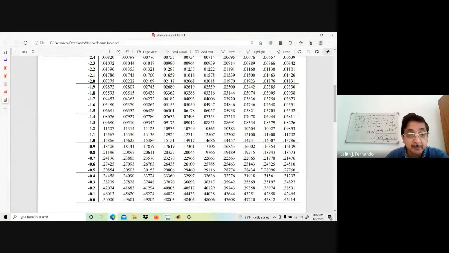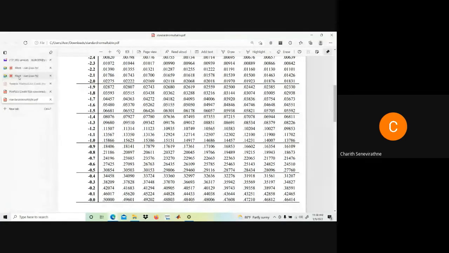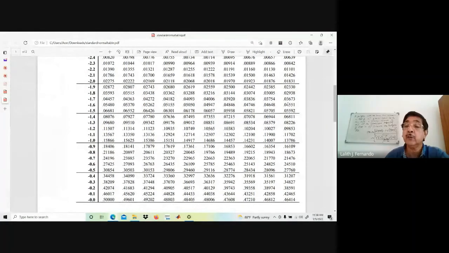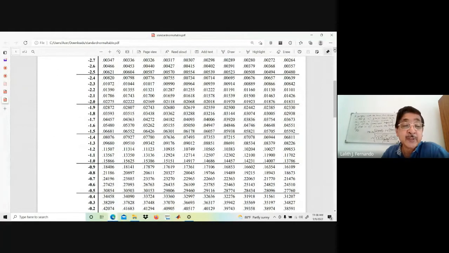Can you see the normal table? Yes. Now in the normal table, just get the inverse score for 0.12. Can you just look at it and see where it comes?